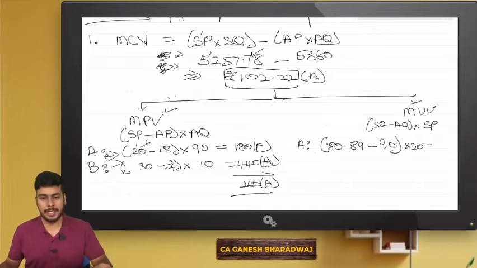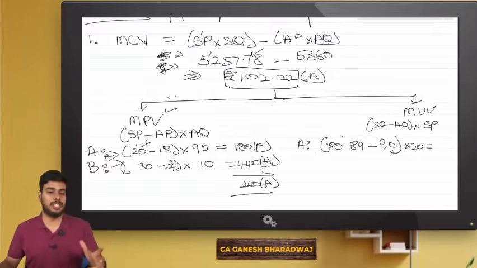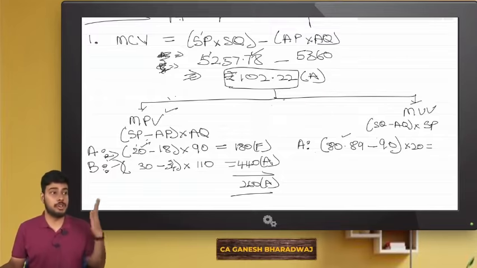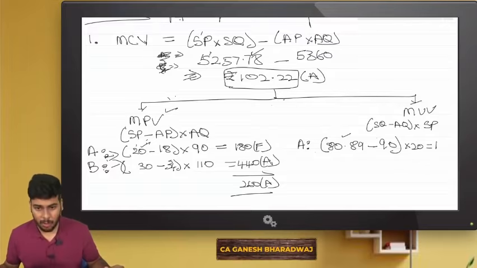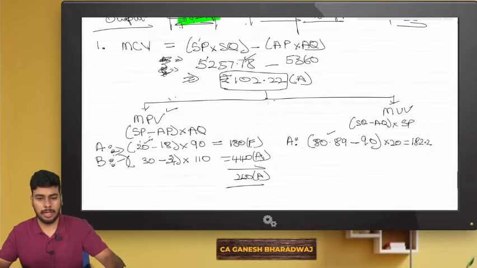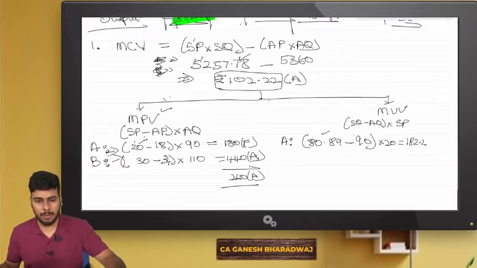You were allowed to consume only 80.89. You have consumed 90. Efficient or inefficient? Inefficient. You consumed more. So it's an adverse variance to the extent of how much? 182.22.